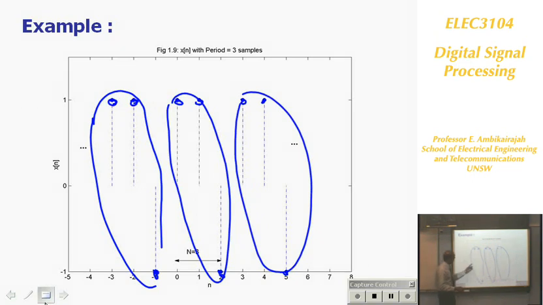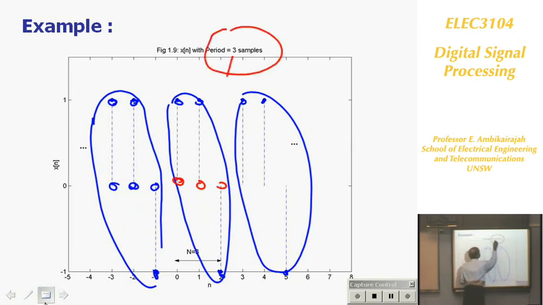You could say 1, 2, 3. Every 3 samples, it starts again. So we can say the period is 3 samples. You count after how many samples it starts again. So N equals 3.